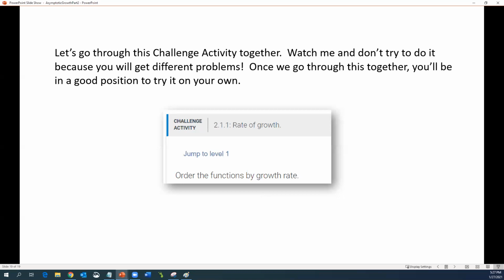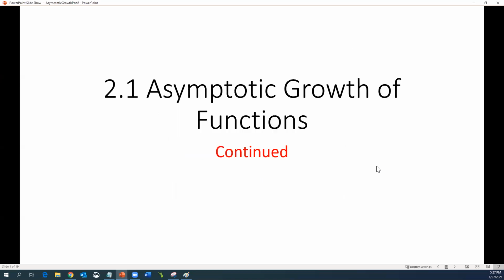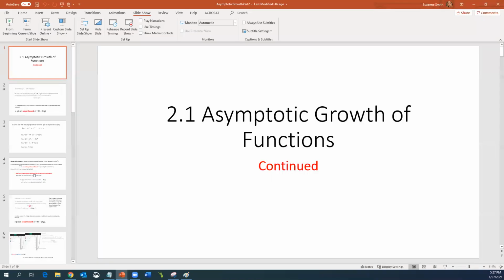If we have 2 to the n and a bunch of other stuff, whichever one is lowest down in the chart is the fastest growing one. That's the one that's going to have the highest growth rate, the same growth rate as the whole function. Okay, so that takes care of that one.